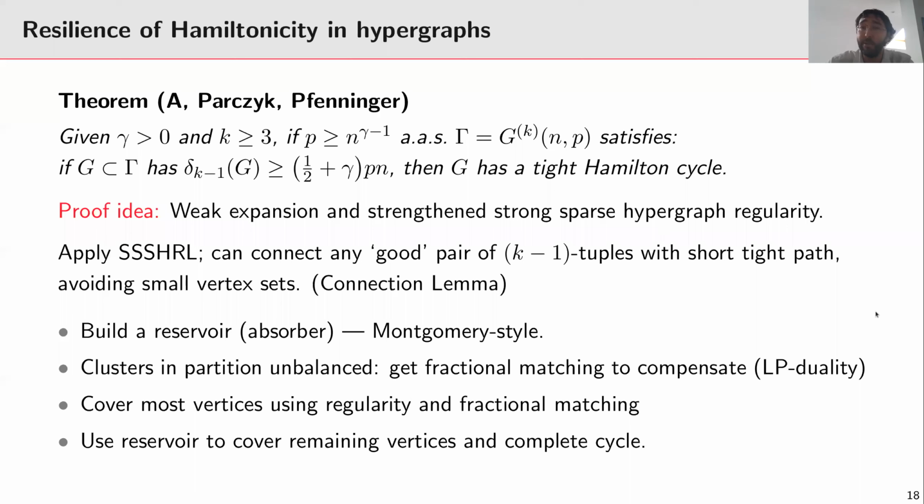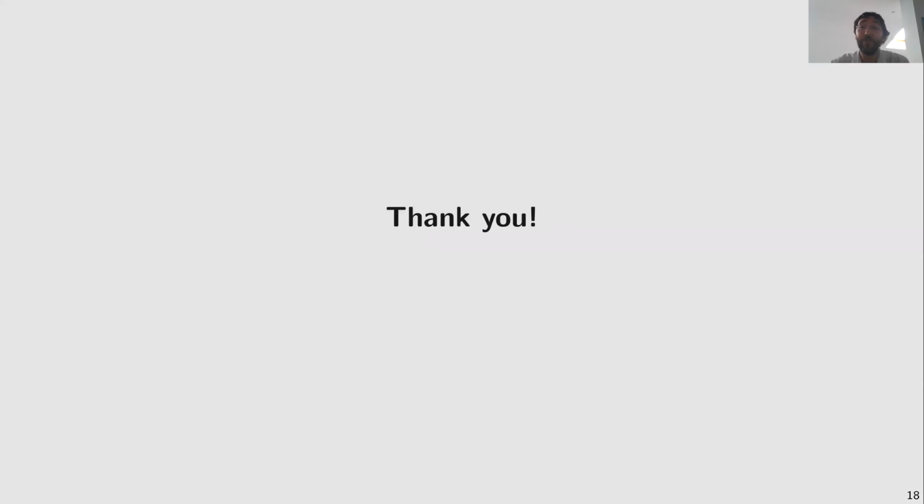And then you can use the reservoir in some kind of standard absorbing approach, although the hypergraph version hasn't really been developed so much, to cover up the remaining vertices and complete a cycle. Okay, so I only wanted to say this very quickly, and maybe now is a good time to stop.